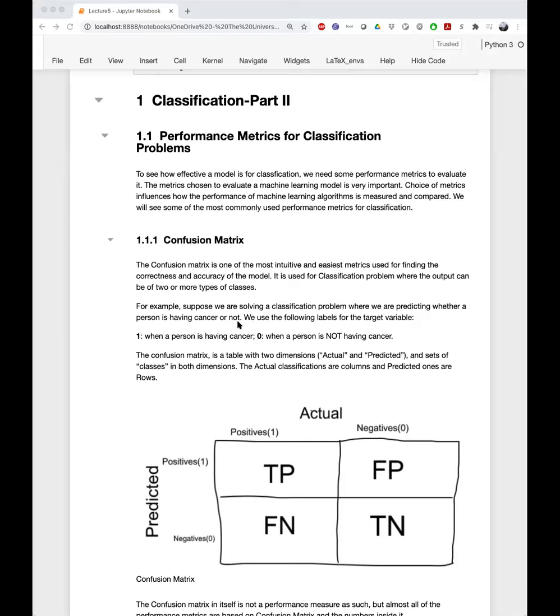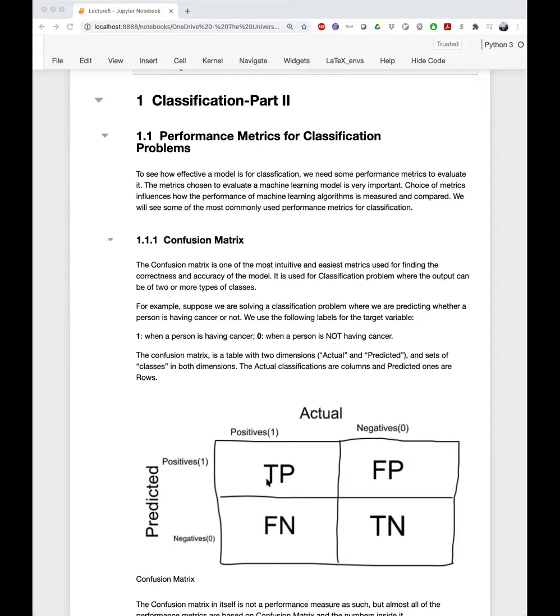And here we define the confusion matrix. We have 2 dimensions. Look at the columns first. The columns are about actual cases. The first one, you write as positive.